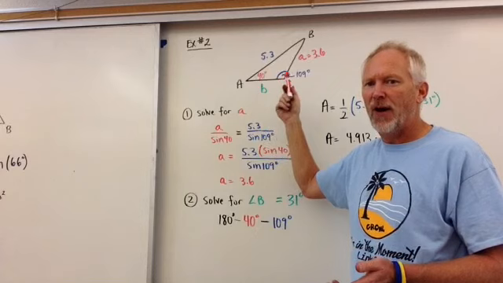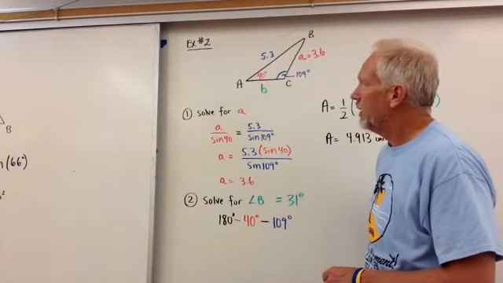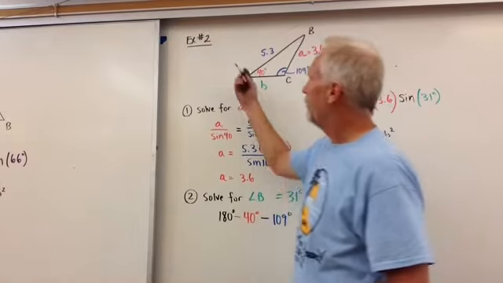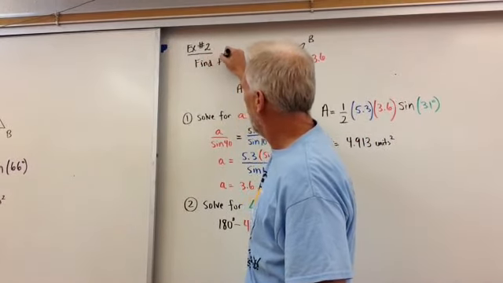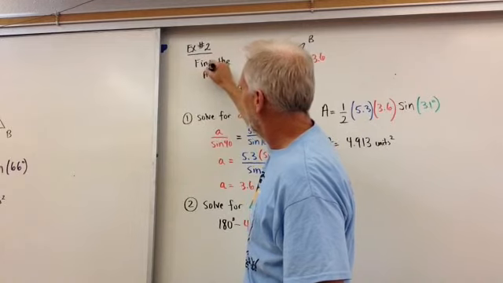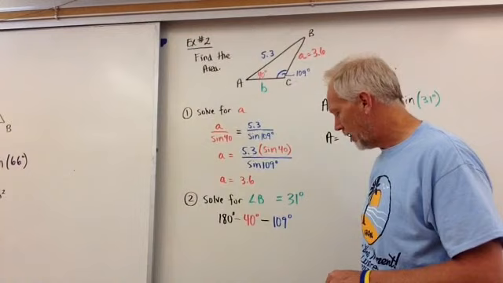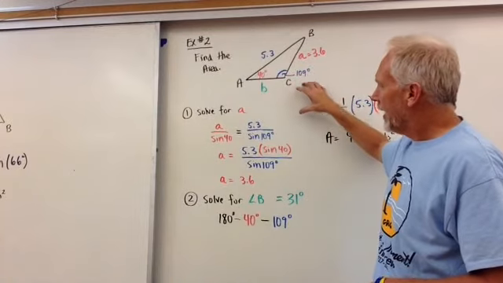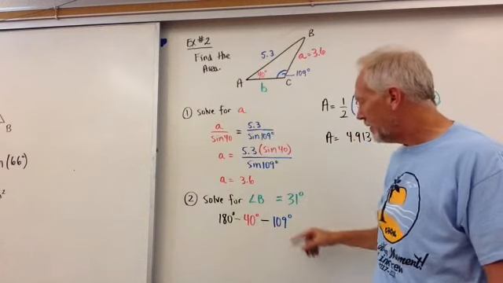But all I'm asked to do is find the area, which it says right here, find the area. Okay? See, I told you it said that. So now what I want to do is, what is angle B?